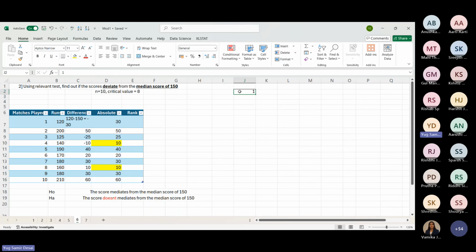So coming back, for the first rank and the second rank, we have equal values, just 10.